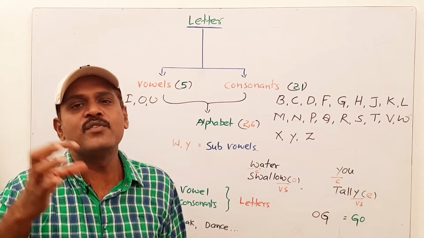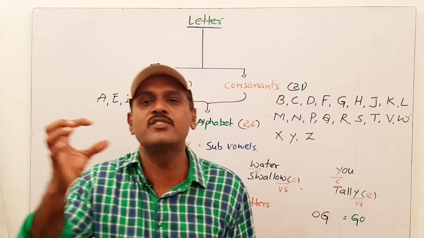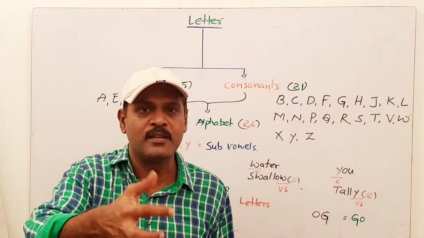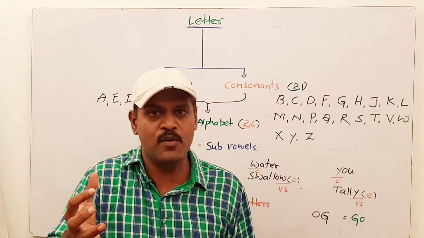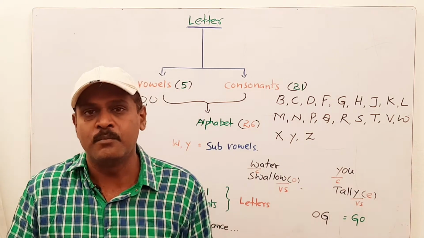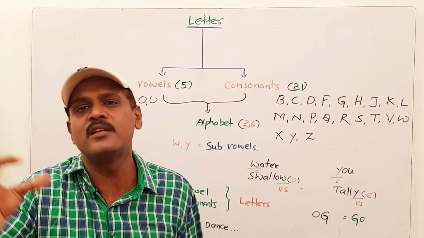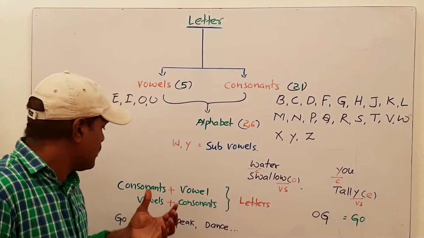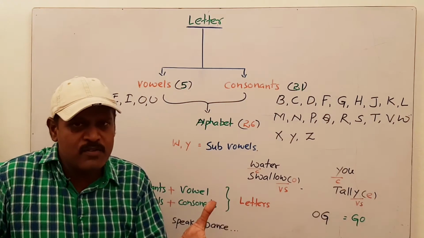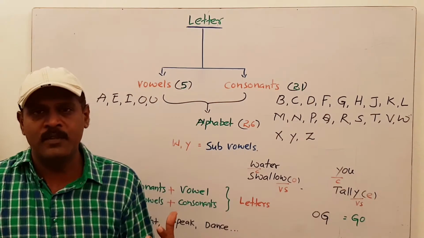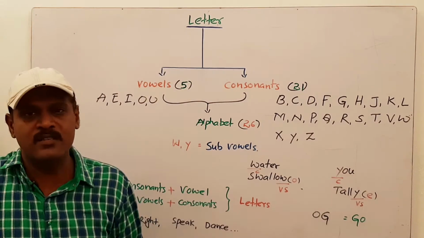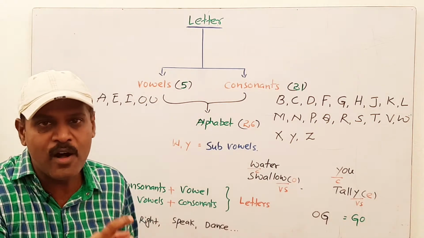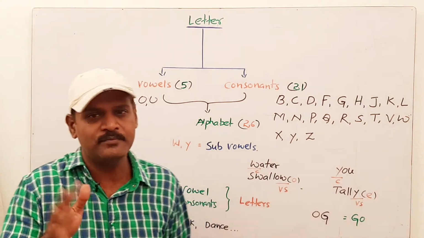Because if you write some letters in a logical order, and it has already been established and found in the dictionary as a word, then it is called a word. But every group of letters is not called a word. Got my point? In a word we can find consonants and vowels. That means by mixing consonants and vowels we can form words.